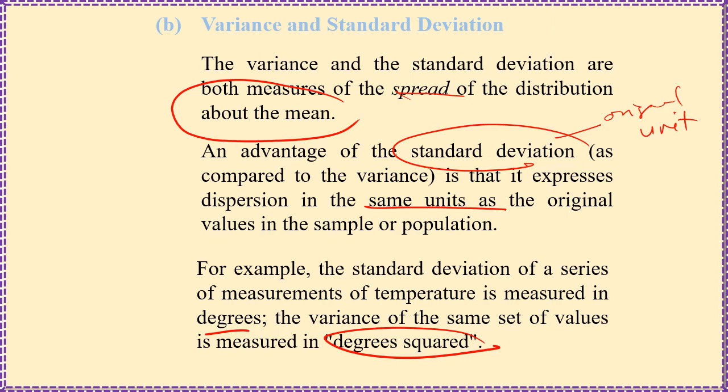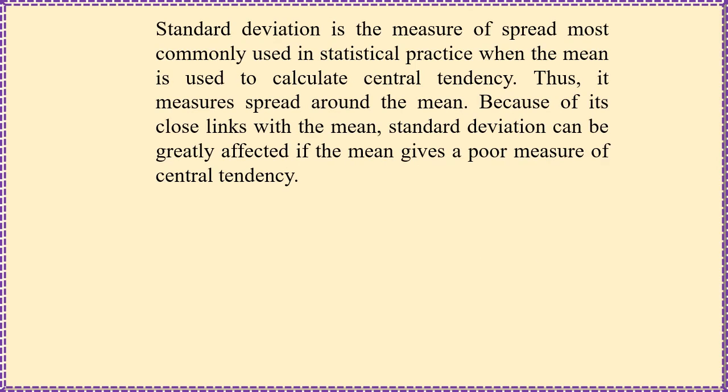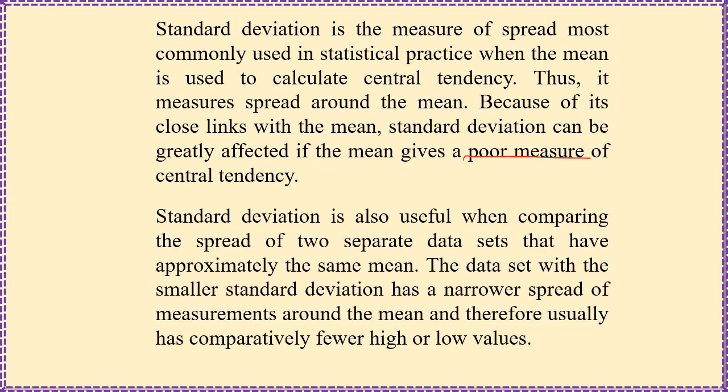Standard deviation is the square root of the variance. It is the measure of spread most commonly used in statistical practice when the mean is used to calculate central tendency. Thus, it measures spread around the mean. Because of its close link with the mean, standard deviation can be greatly affected if the mean gives a poor measure of central tendency. Standard deviation is also useful when comparing the spread of two separate data sets that have approximately the same mean.